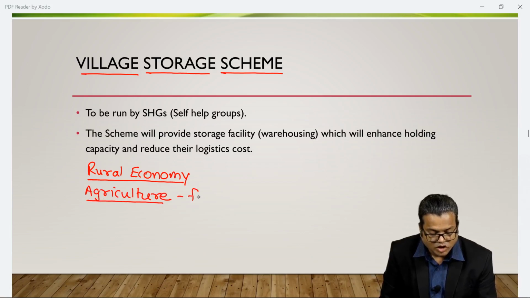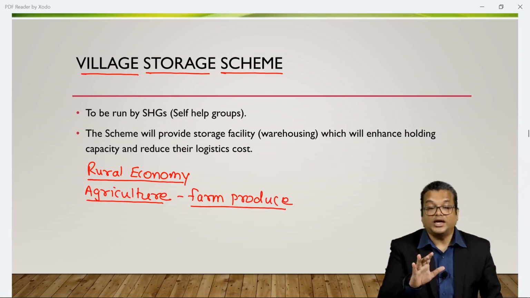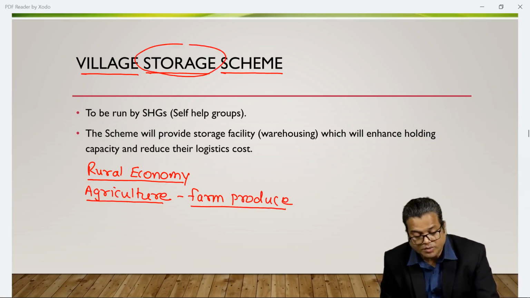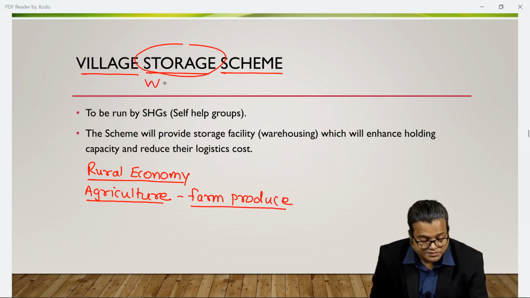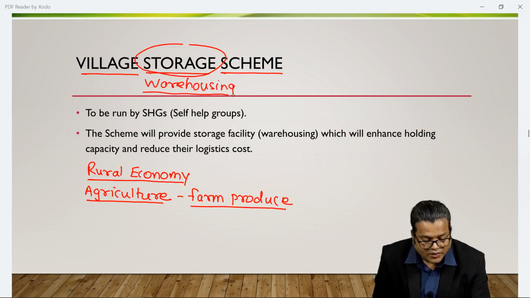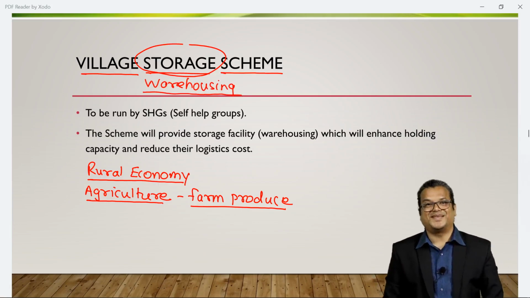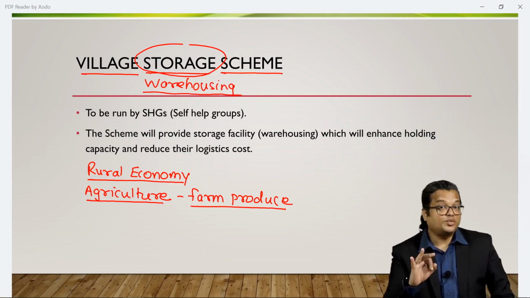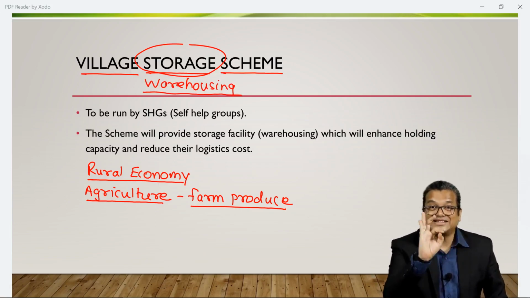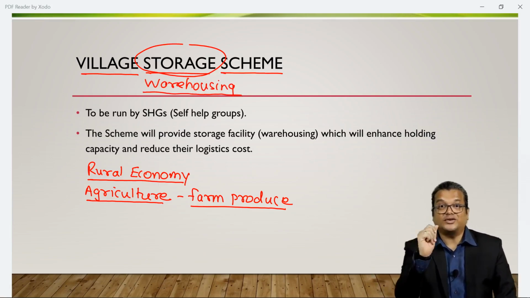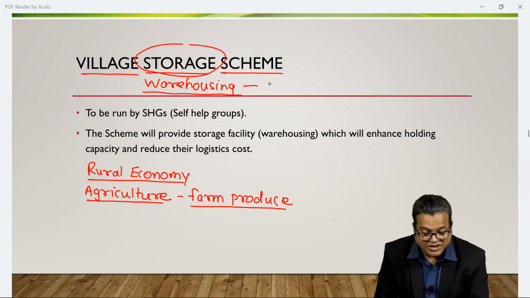So whatever farm produce comes needs to be stored properly. So we are talking about nothing but warehousing. Now at this juncture, I'm very sure you must have heard this: warehousing creates dash utility. Warehousing creates which utility?